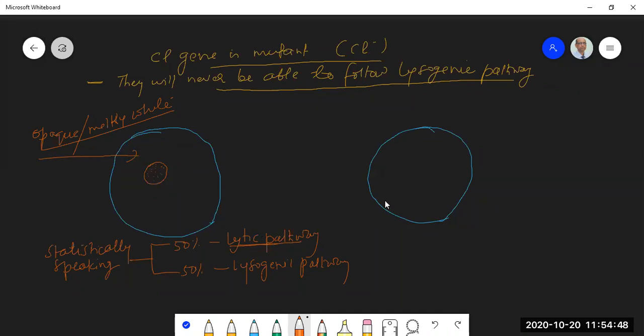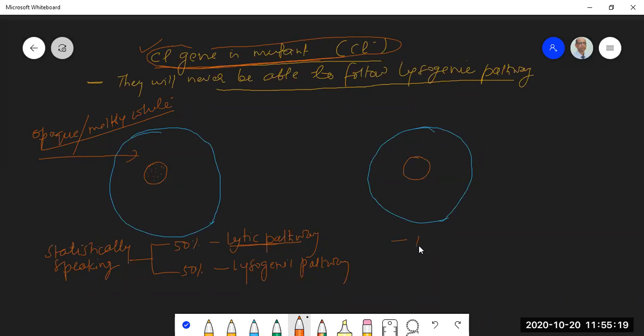Now, the same experiment we have repeated, and for infection we have used a bacteriophage where the CL gene is mutant. What is going to happen? In this case, you will see all clear zone, because none of the bacteria will establish lysogeny, unlike here where 50% did.